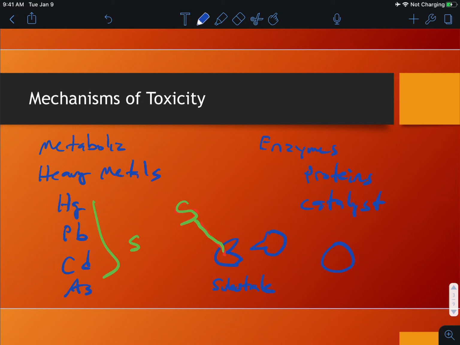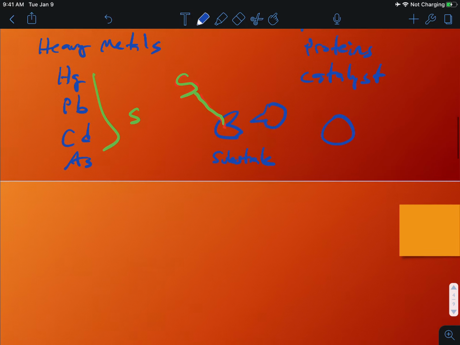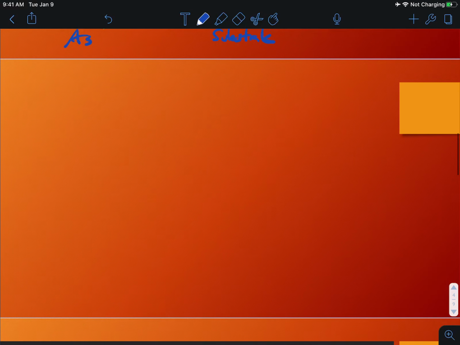Another one I mentioned were these neurotoxins. And the neurotoxins have another mechanism of working. And here's an example of just one. So you have nerve cells in your body, right? And these are two different nerve cells.